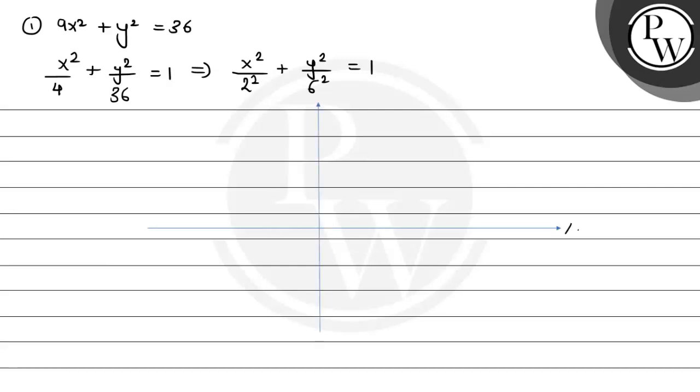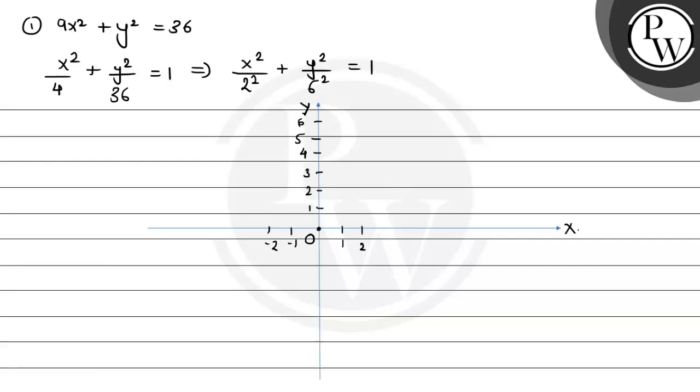So suppose here we have x-axis, this is y-axis, here we have point of origin. Suppose this is 1 and this is 2. Here we have minus 1, minus 2. Now moving ahead, here we have 1, 2, 3, 4, 5 and 6.